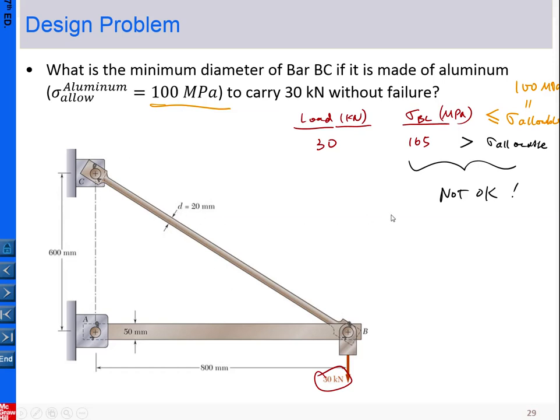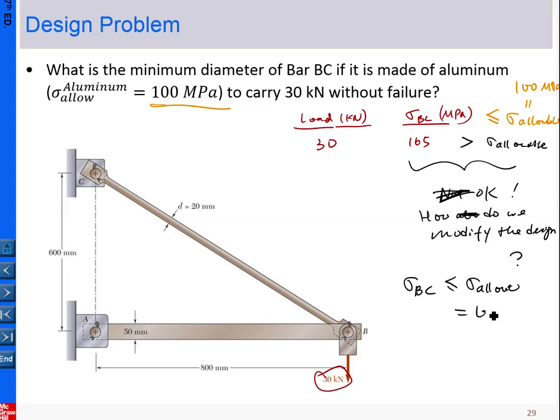So the follow-up question is: if we want to make this okay, how do we modify the design? The way to do it is this. The stress in BC must be lower than or equal to the allowable stress, and this one is 100 MPa.